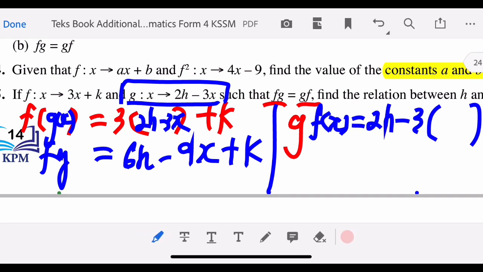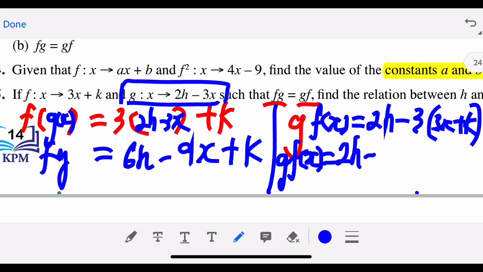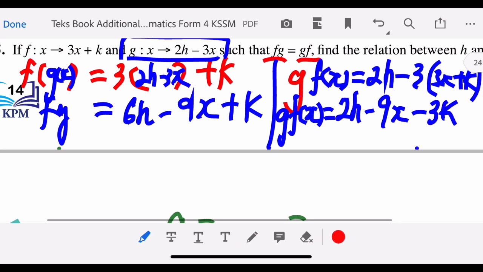So I'm going to substitute Fx inside there, which is 3x plus k. Okay, so let's simplify. GF x is equal to 2h minus 9x minus 3k, right? It looks a bit complicated, so you have to be very careful.